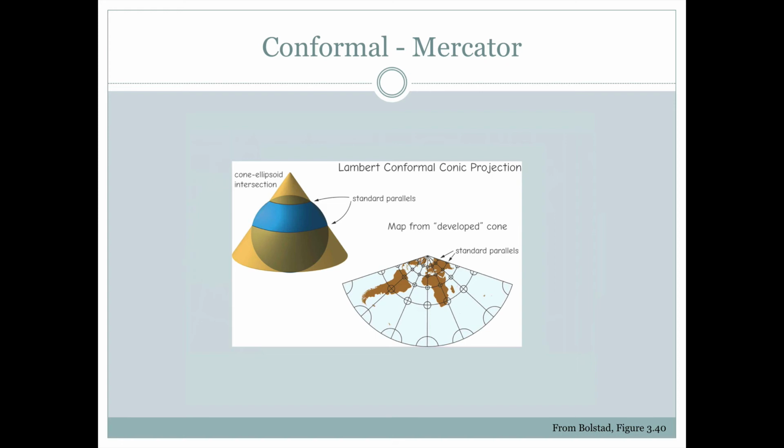That would be where there's no distortion because the cone is actually in contact with the surface of the globe. We can see those on the map as the two standard parallel lines listed there. The distortion between those two standard parallels would increase as that top blue part is getting flattened down to the cone. There would also be distortion away from those two standard parallels as things have to be stretched out in order to reach up to the cone from the sphere.